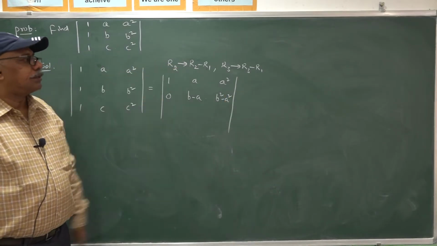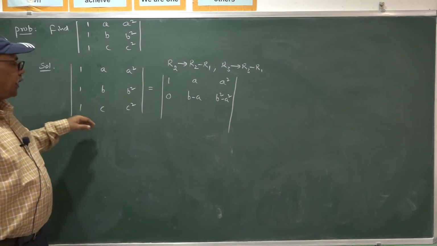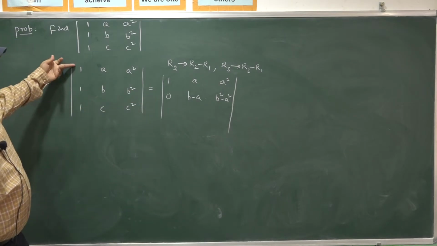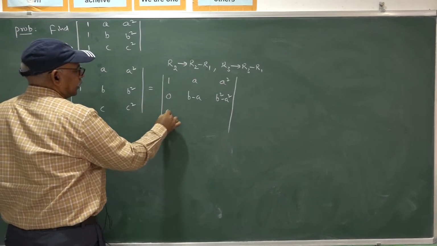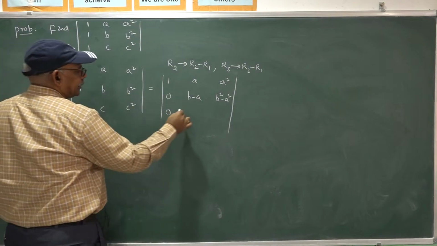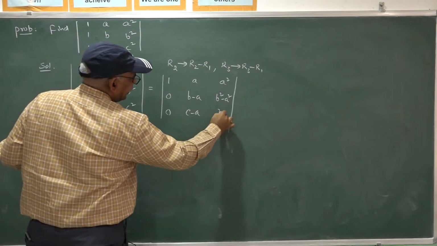Similarly, the next elementary transformation is R3 minus R1. So, R3 minus R1, that is also 1 minus 1, 0; C minus A; C square minus A square.